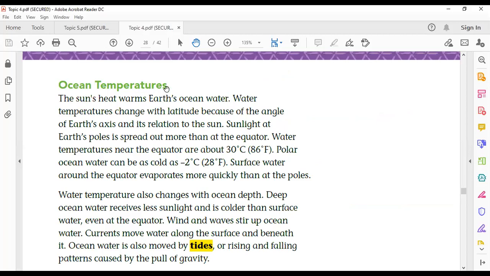So, ocean temperatures. Ocean temperatures are not the same. Some oceans are warmer than others. And also within the ocean itself. For example, if we are talking about the Atlantic Ocean alone or the Pacific Ocean alone, it differs. The temperature is different according to the depth.